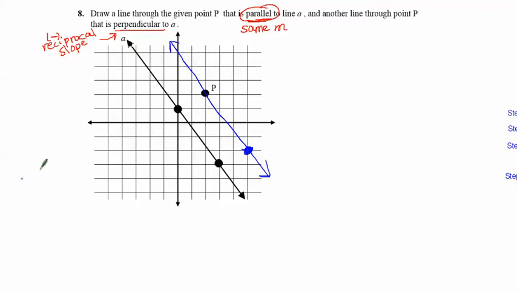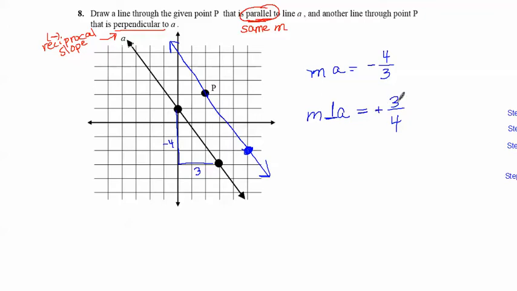Now, to draw the perpendicular line, remember that the slope of line A was -4/3. If I want the slope of the line perpendicular to A, then I have to take this fraction and flip it over, put the 3 on top and the 4 on the bottom, and then change the sign.